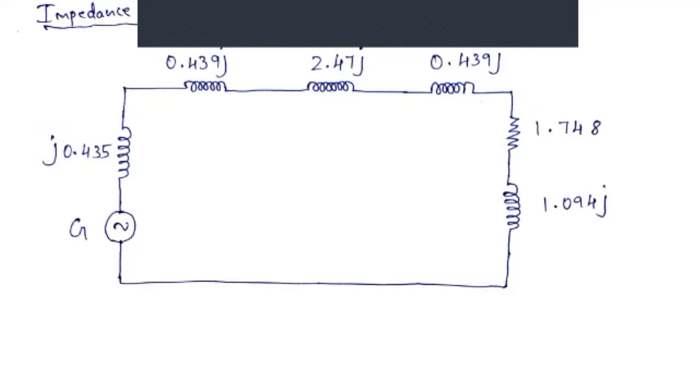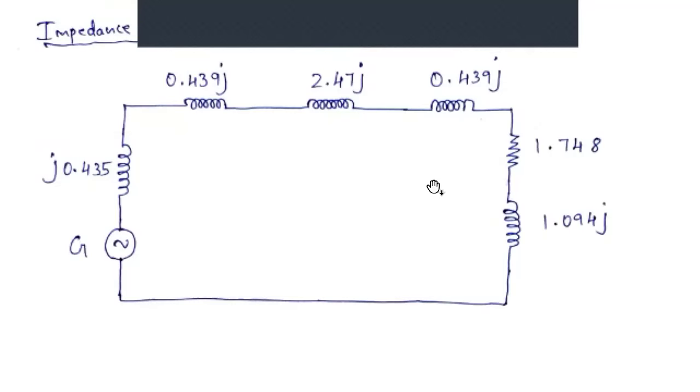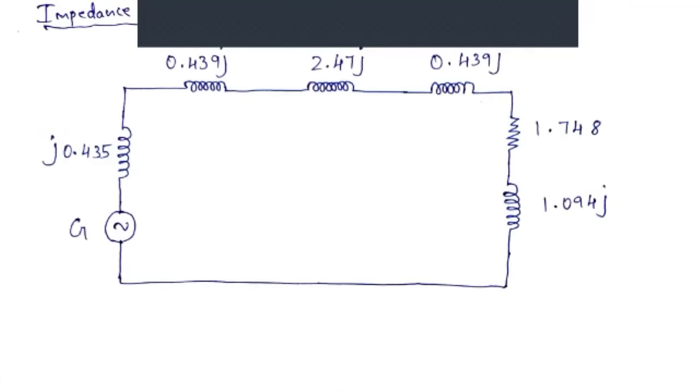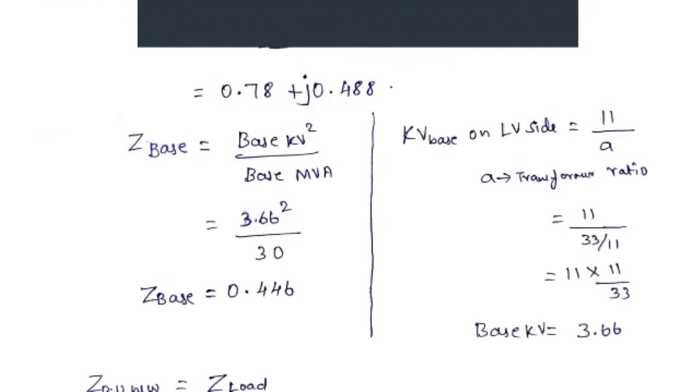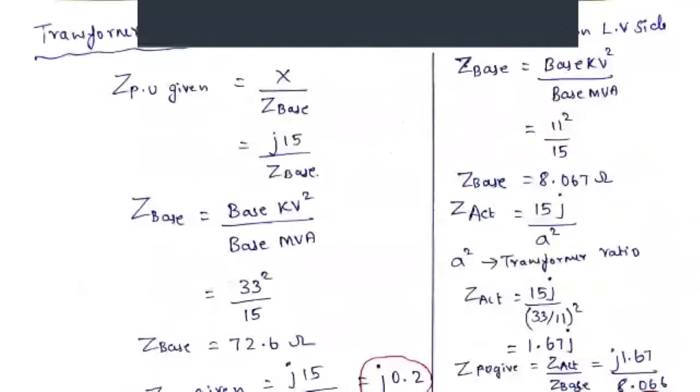Like that you need to draw. You need to clearly understand the problem and then solve it, that is more important while solving the problem. So this is the impedance diagram for the problem given.